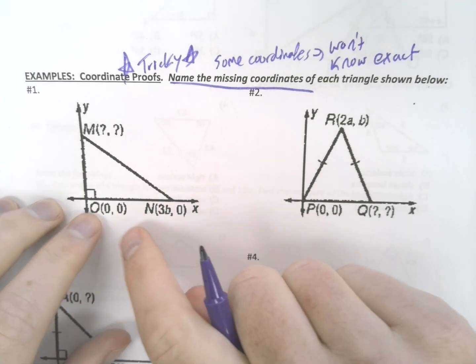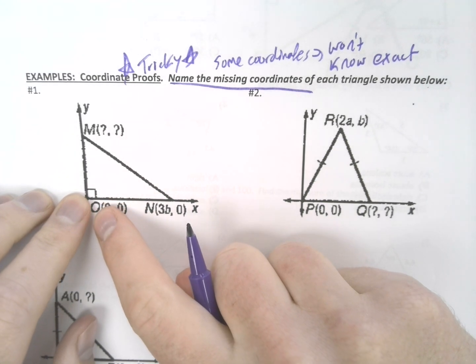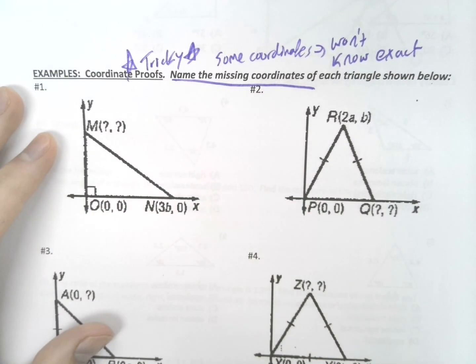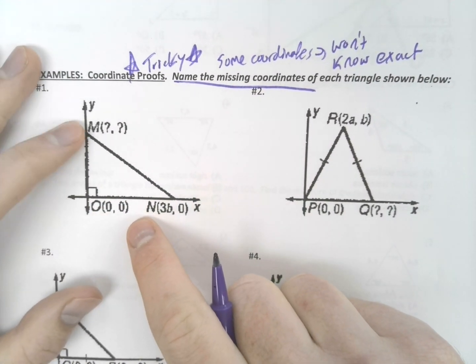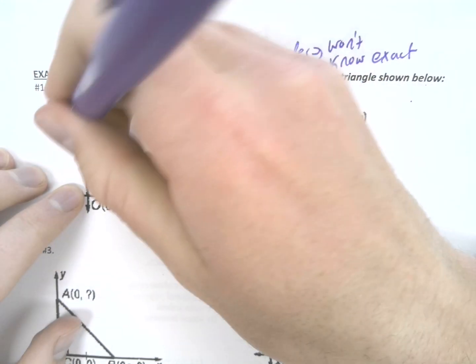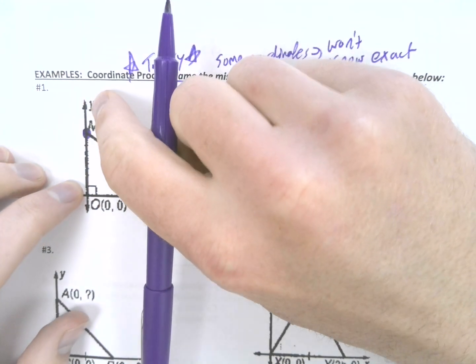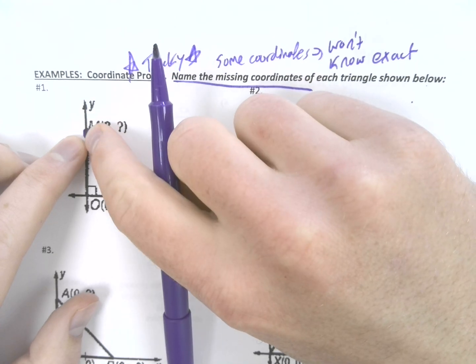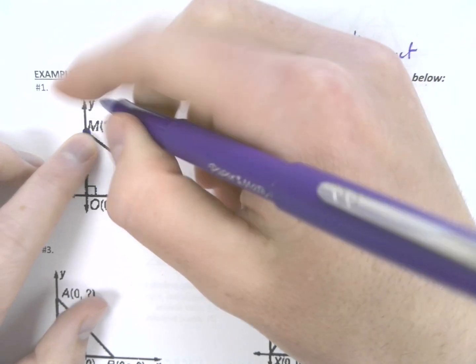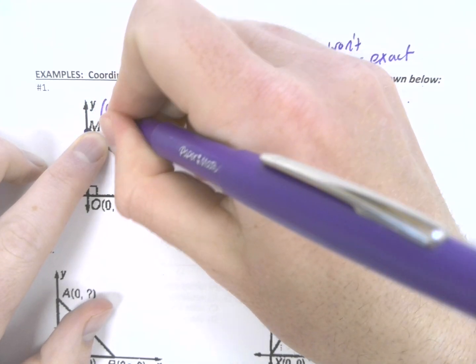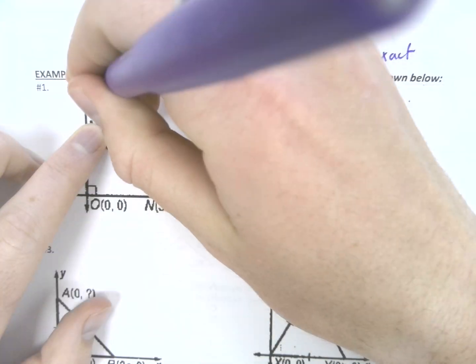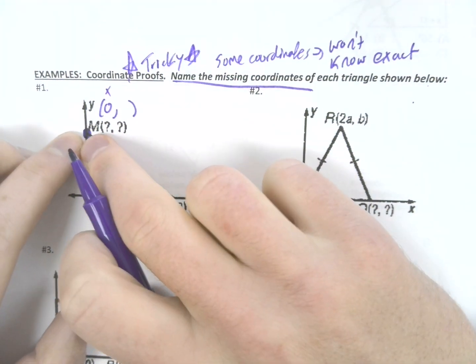So we got a right triangle. Now, as far as what M is going to be, obviously point M is on the y-axis. So this is a y-intercept. So we know x is going to be 0 because we're actually on the y-axis.